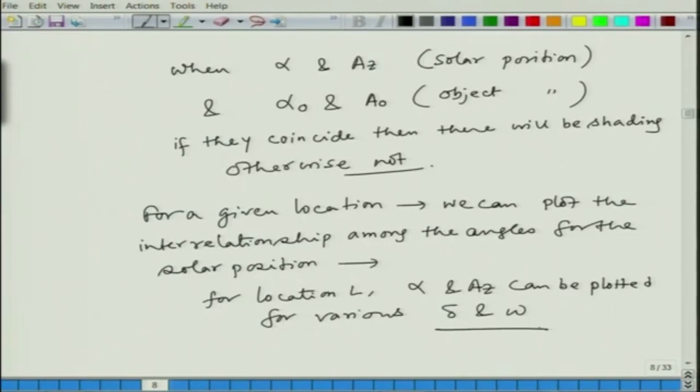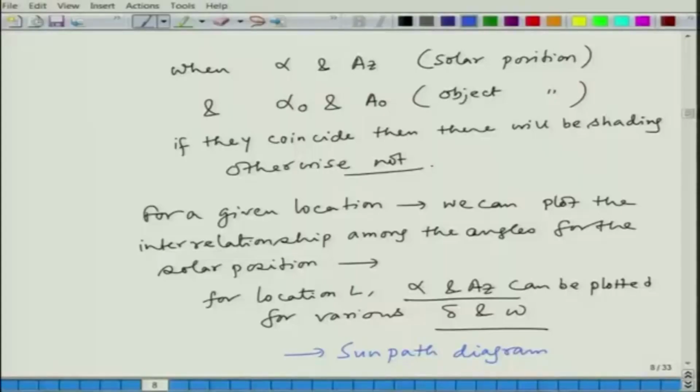This is the independent set, this is the dependent set, and what we find is called a sun path diagram. So, how the sun moves with respect to the observer location, that is what is captured in the sun path diagram. So, let us look at such a sun path diagram.